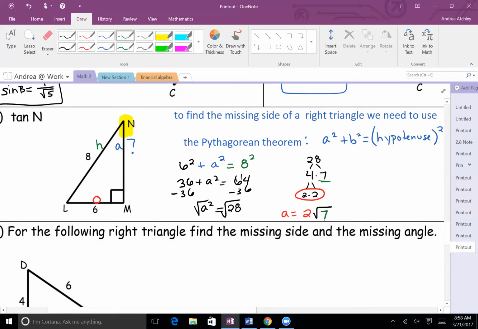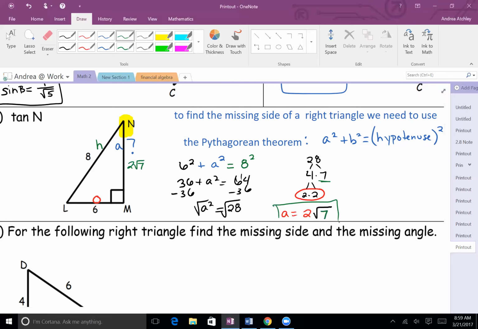So 7 is on the inside. Any questions over that? So 2 square root 7 is my a value. Any questions over that?